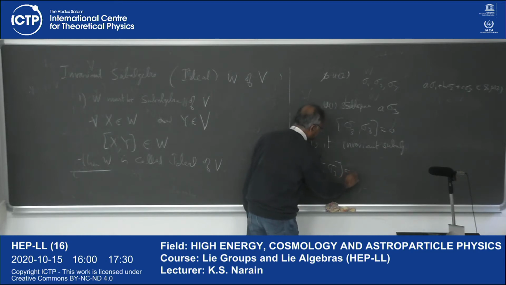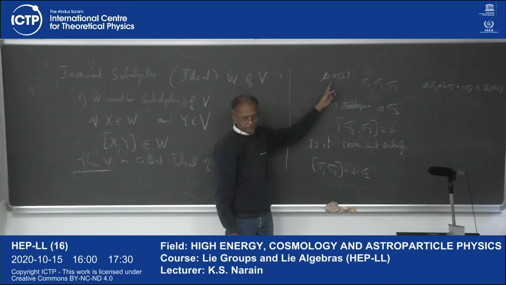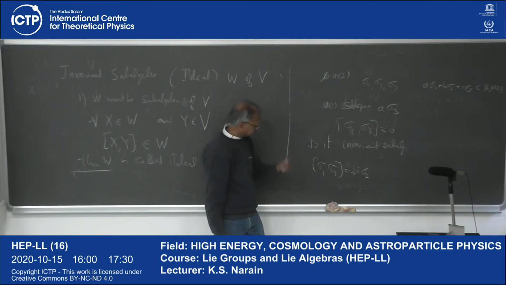This is actually sigma 2, I mean 2i sigma 2 or minus sigma 2, something like that. But whatever it is, it's not in sigma 3. So this U1 is not an invariant subalgebra of SU2. It is a subalgebra, but not an invariant subalgebra.